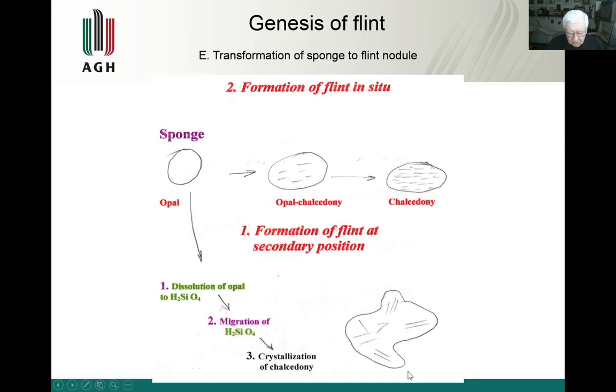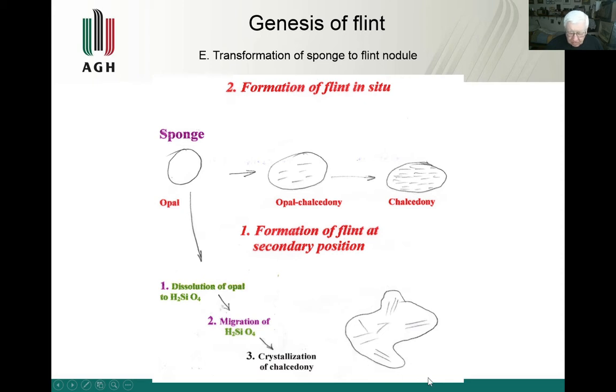And crystallization of chalcedony in this type of flint is irregular. The crystals of chalcedony are growing there and there, like this and like this, and because of this, it's difficult to obtain good flakes, good blades from this type of flint.